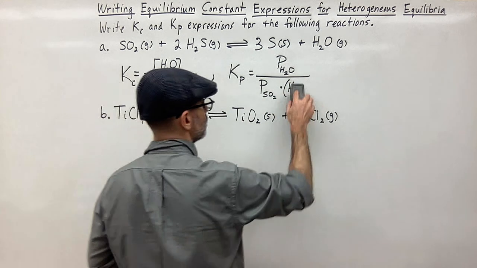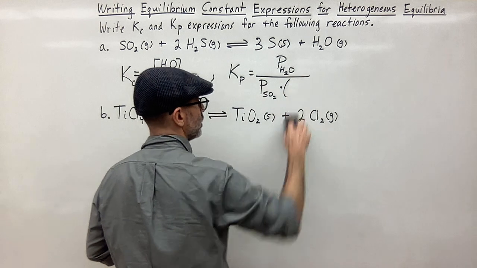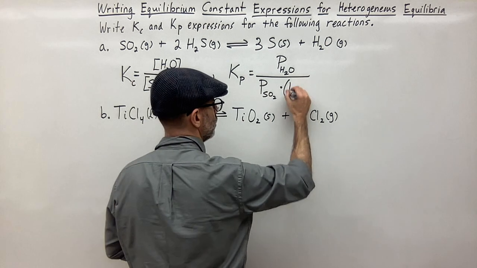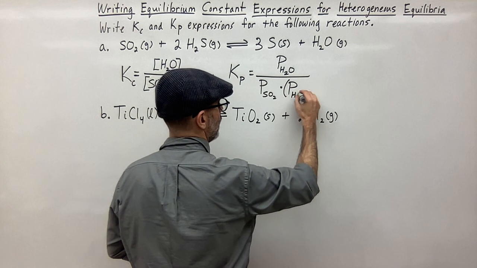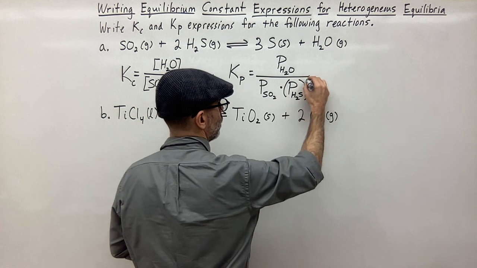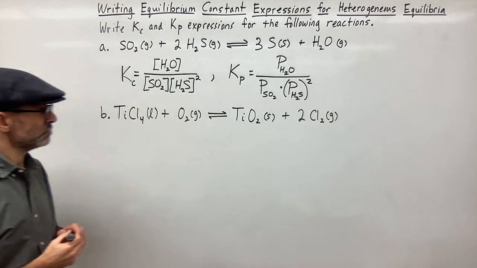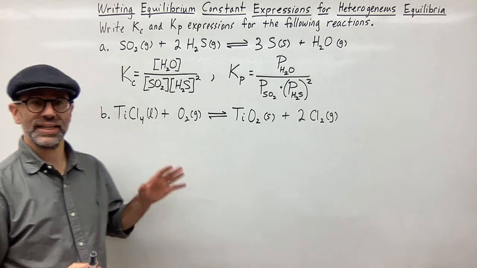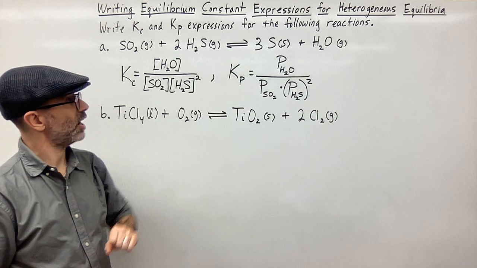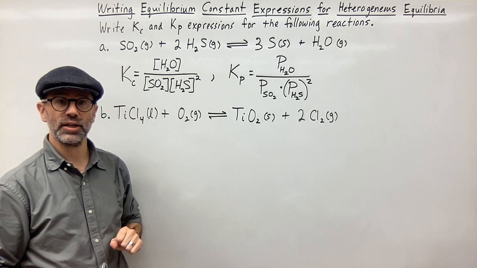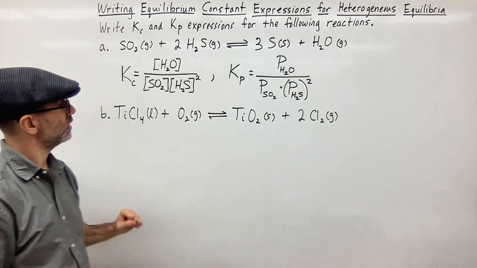Forgot the pressure. So it's going to be the partial pressure of H2S, and that's raised to the power of 2. And so that, ladies and gentlemen, is the Kc and Kp of this heterogeneous equilibria equation. So let's go to the next one.